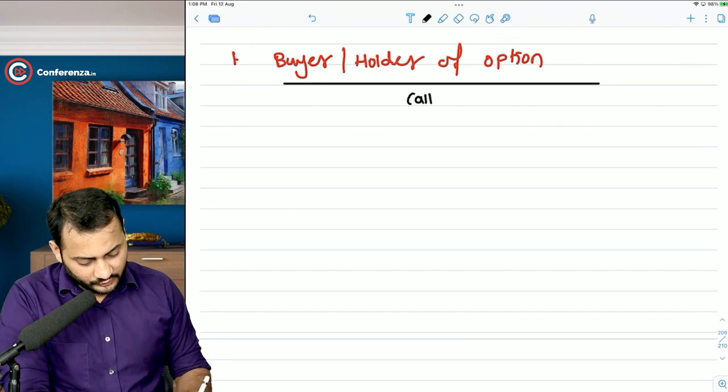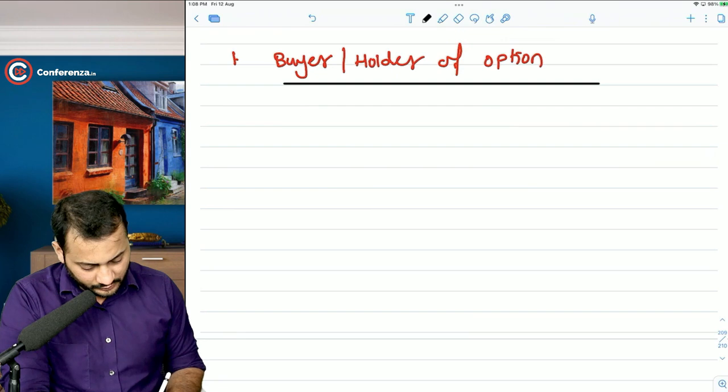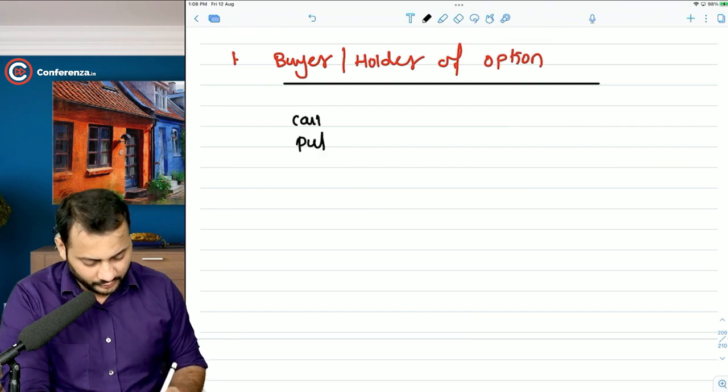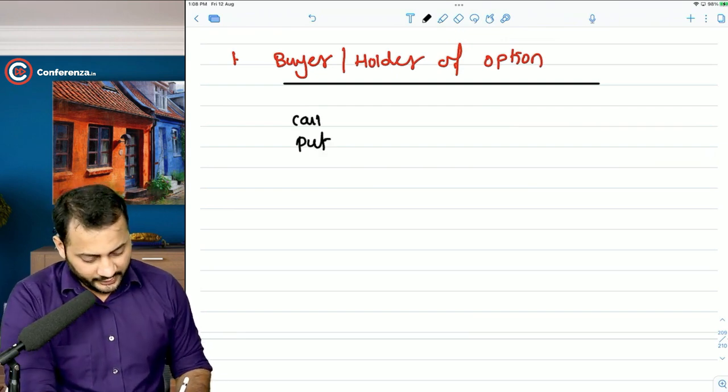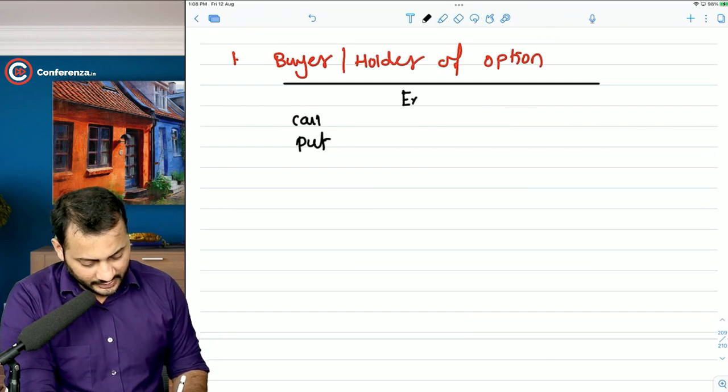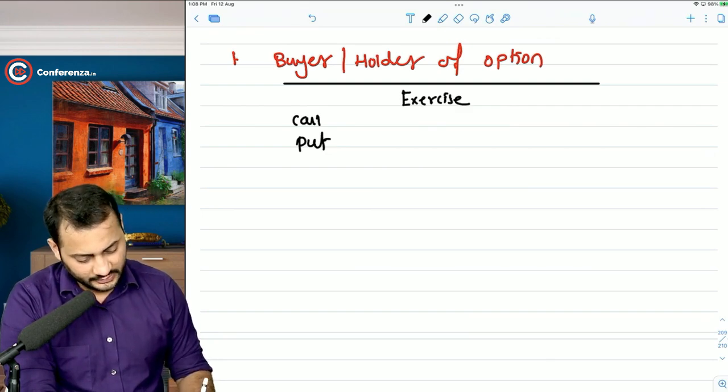When it is a case of call option, when it's a case of put option. When to exercise and when not to exercise. Simple.